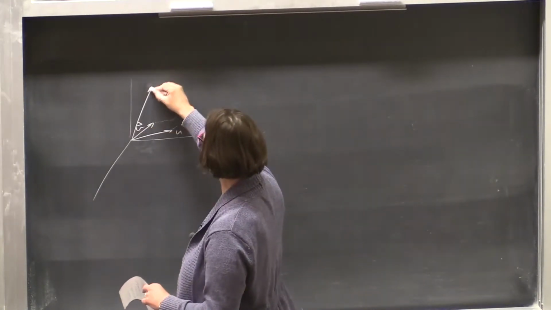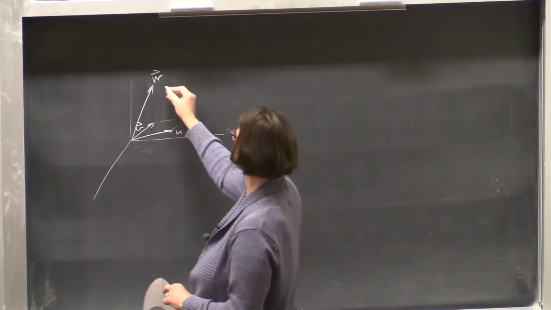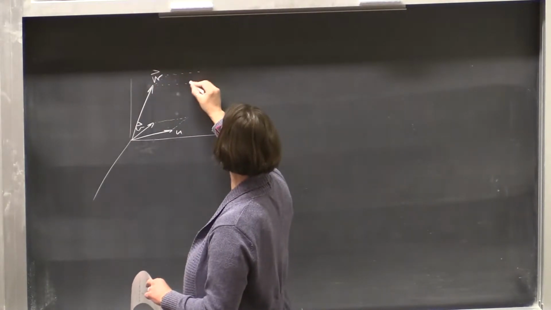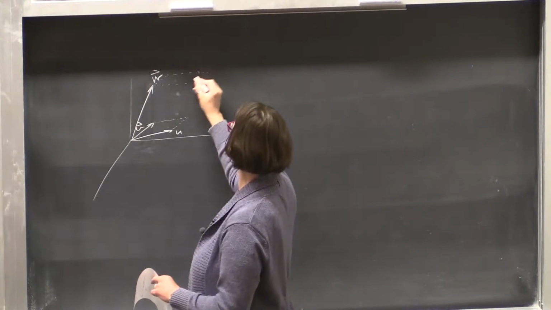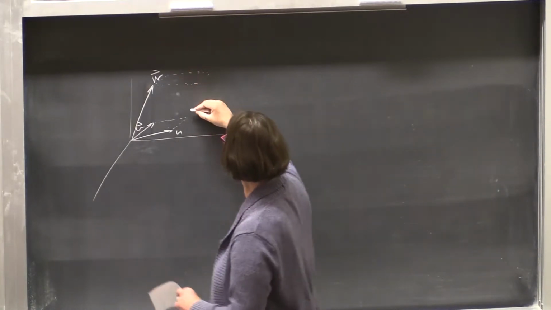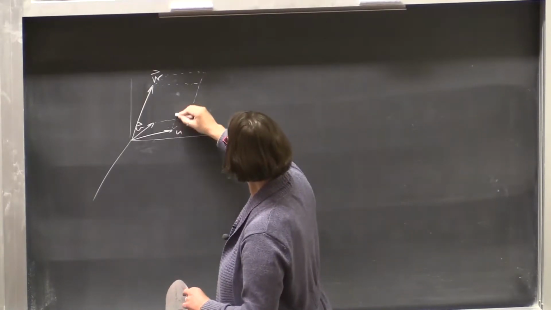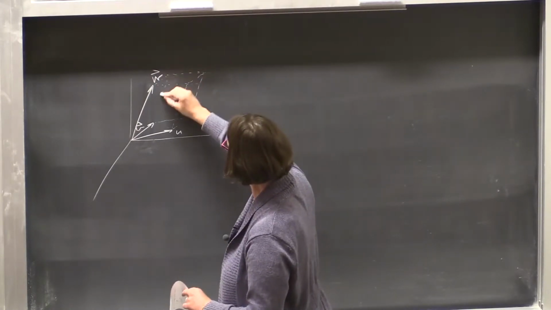You've been given some vector w, and w is the third side of the parallelepiped. And if we connected these dots and if we could draw, we would get a parallelepiped.